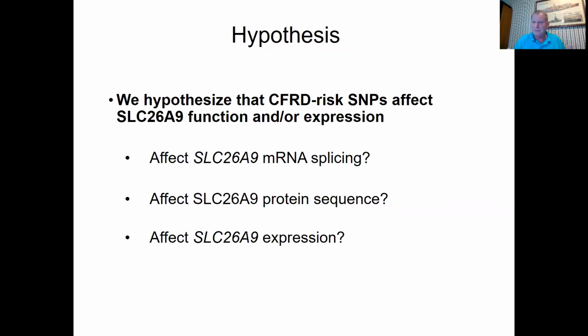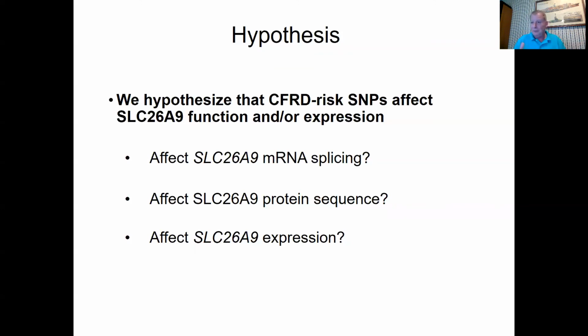What about something in the protein sequence? Is it possible that the variants themselves aren't doing anything, but they're associated with, say, an amino acid change somewhere in A9, and that amino acid change is now affecting A9 function in some way? Possible, and so we wanted to take a look at that.